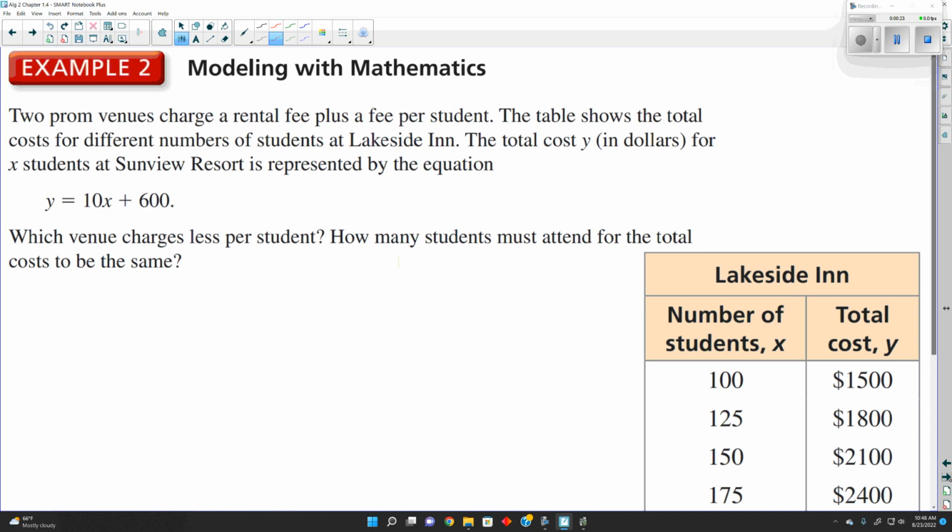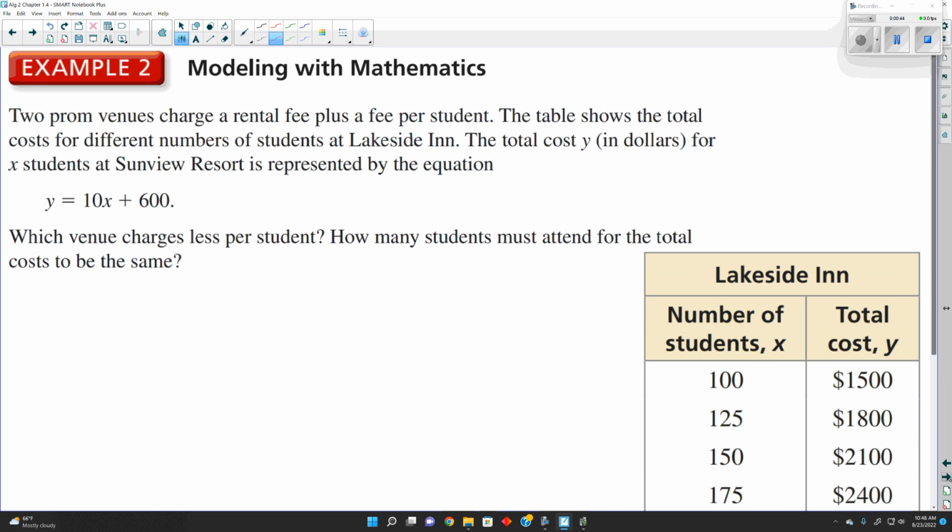So we're going to pick up where we left off yesterday, where we're comparing two equations or two sets of information with each other. We're looking at this equation and chart.